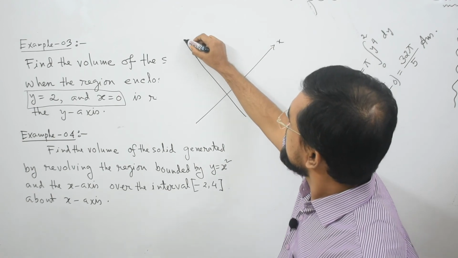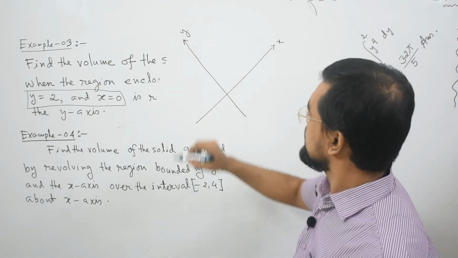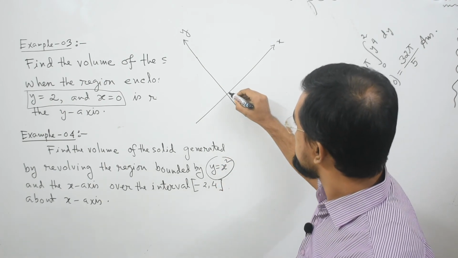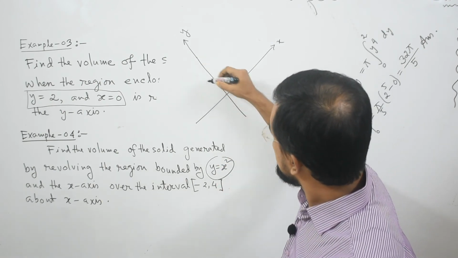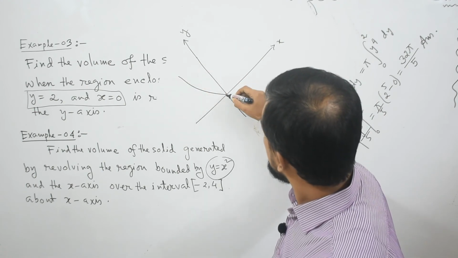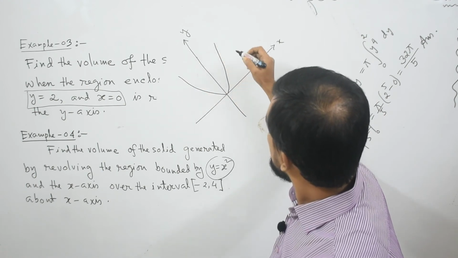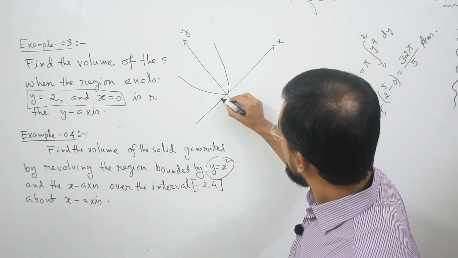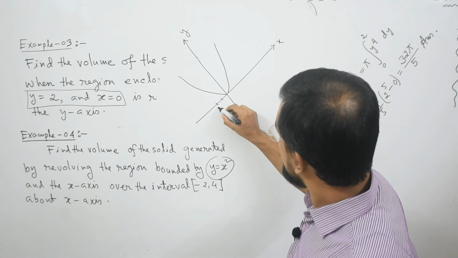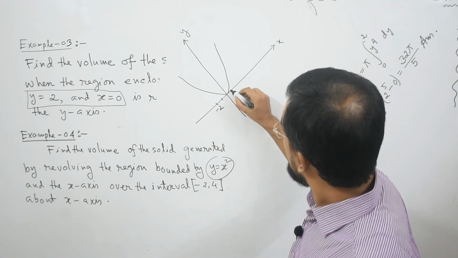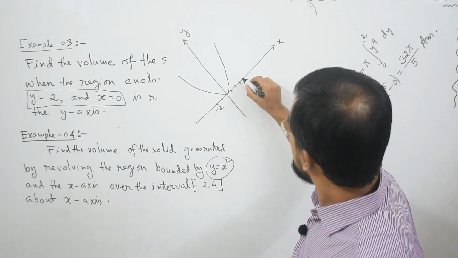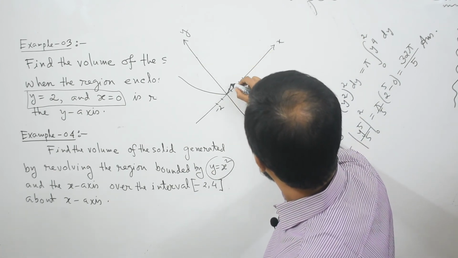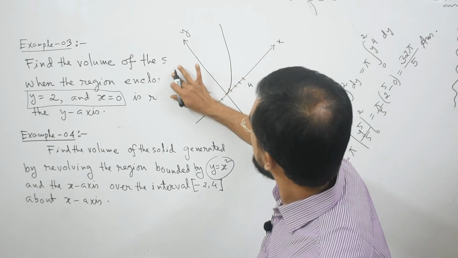This is our x-axis, this one is our y-axis. If you graph y equal to x square, it will be like this. And from minus 2 to 4: 1, 2, minus 2 is here, 1, 2, 3, 4 is here.